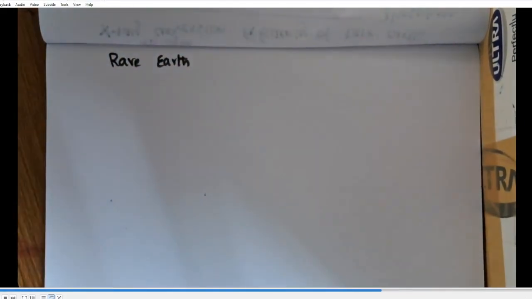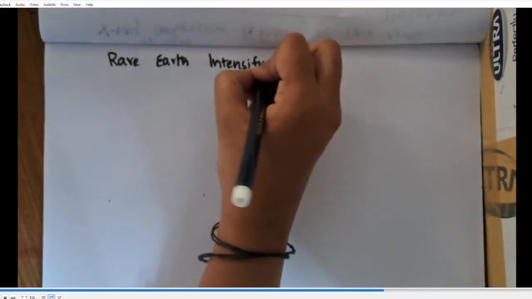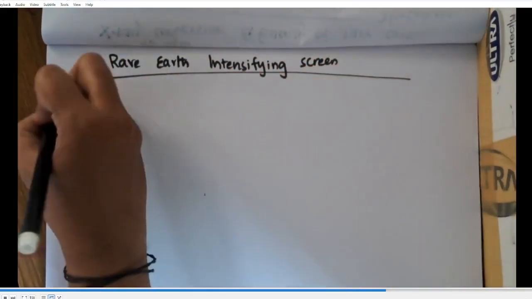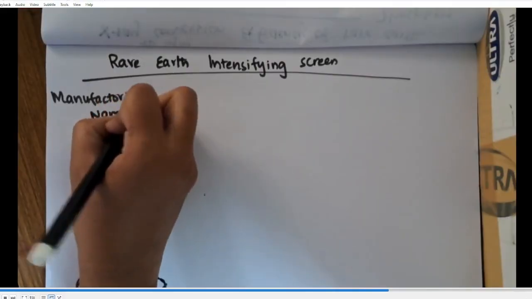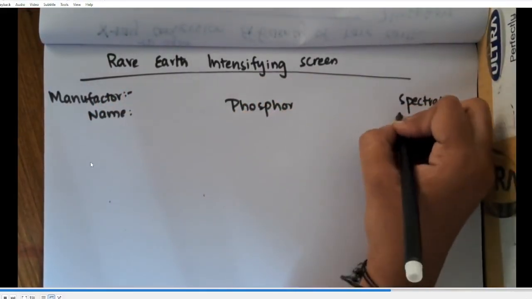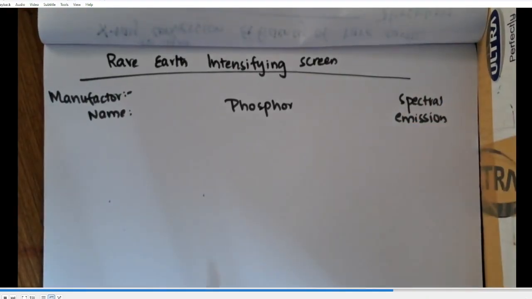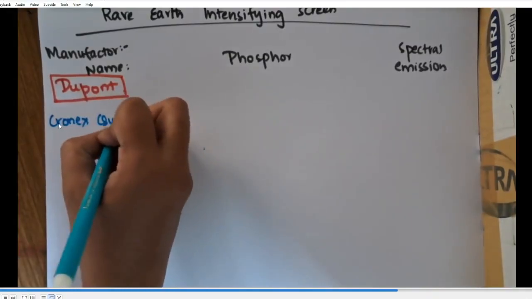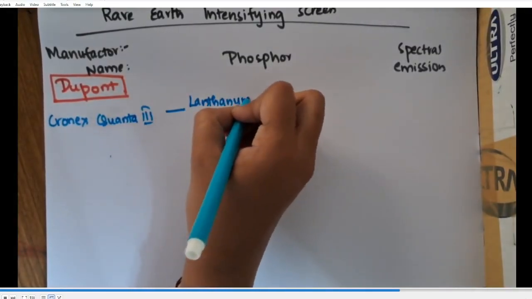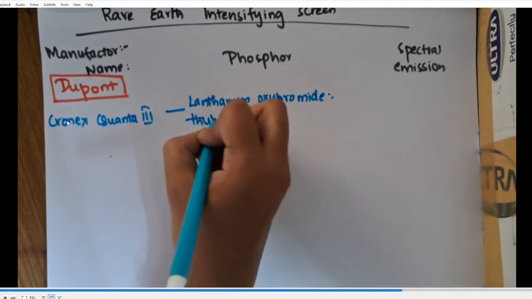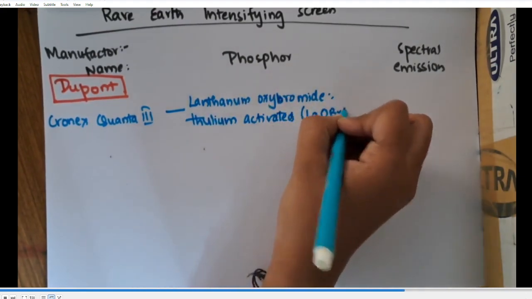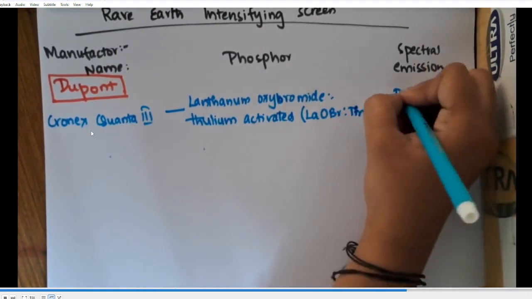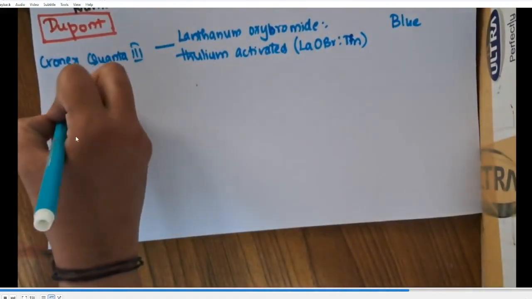Then we have some rare earth intensifying screens. If you see the table, we will see some examples of commercially available rare earth intensifying screens. First, DuPont. The name is Chronex Quanta 3. Chronex Quanta 3 contains lanthanum oxybromide, thulium activated, and it emits the blue spectrum.